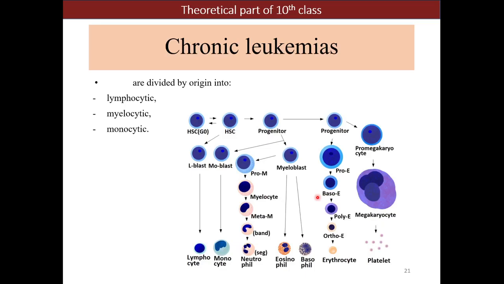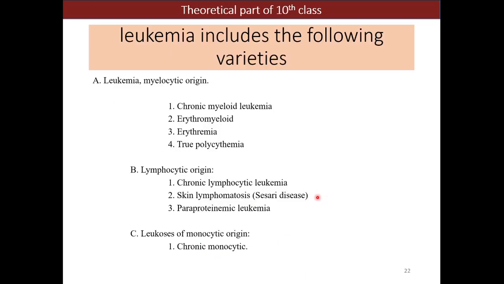It is really important to understand that chronic leukemia is characterized by more differentiated cells, and that's why we have a more favorable prognosis, because these cells are more differentiated. That's why we save some functional activities which we should have. That's why the patient will have a longer life.